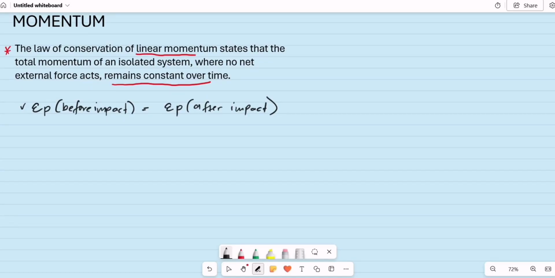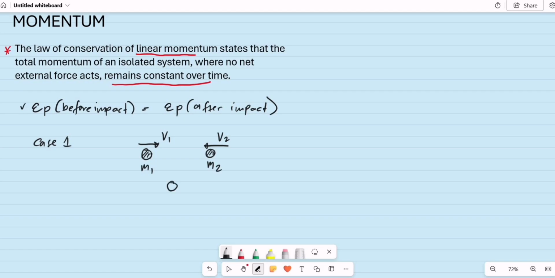Let's say this will be our case number one. For example, we have an object that is moving to the right. Let's say this is v sub 1 and that object has a mass of m1. It is about to collide with a second object, moving to the left, v sub 2, having a mass m2.